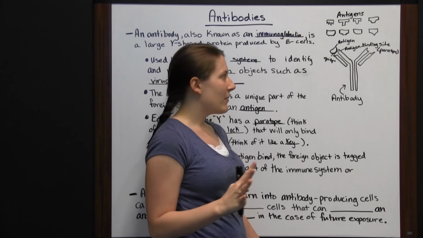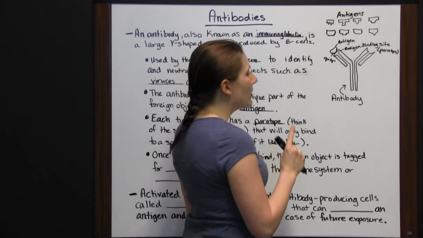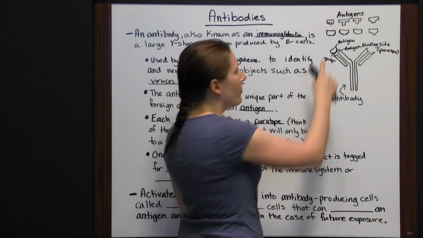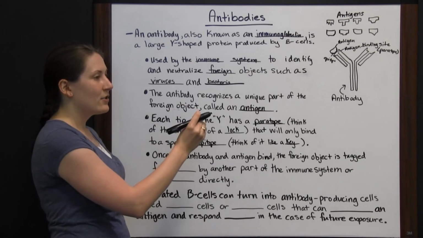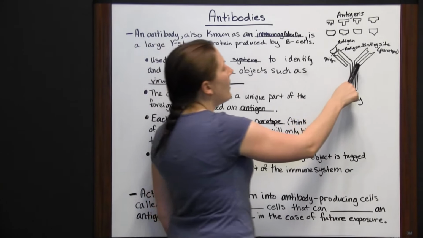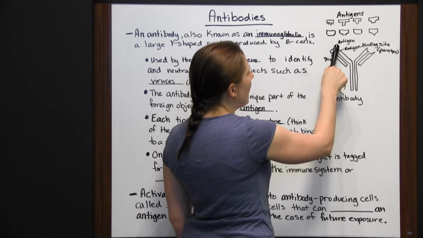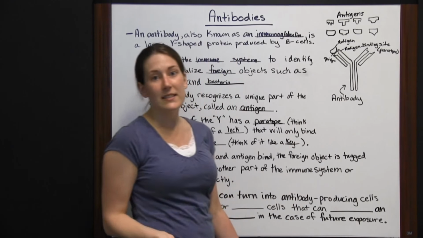If you have lots of antibodies floating around in your body, each one is only going to be able to attach to one antigen. So you may have lots of them that can attach to one antigen and lots that can attach to another, but you can't just say, okay, I don't really have this antigen in my body, I have this one, so let me plug that in there, because it's not going to fit.